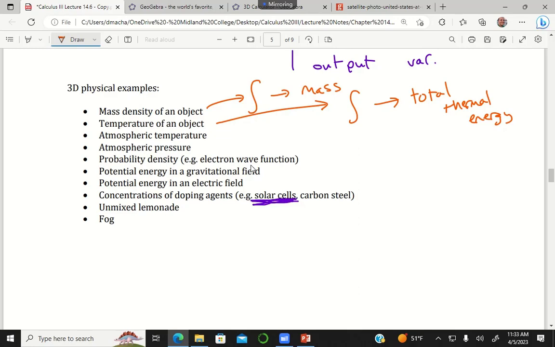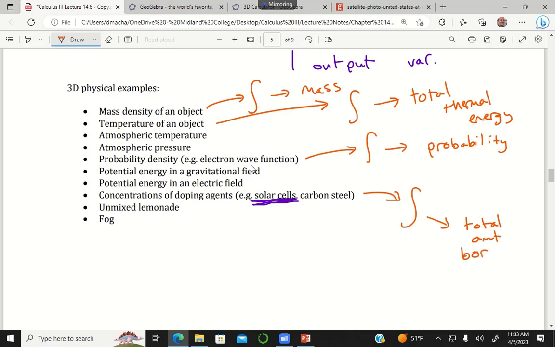If I took an integral of probability density, then the integral would give me the total probability that an outcome lies in that region. If I took an integral of the concentration of boron, then that integral would give me the total amount of boron in that region of my solid. And if I took the integral of the concentration of sugar in my unmixed lemonade, that would give me the total amount of sugar, and so on, right?